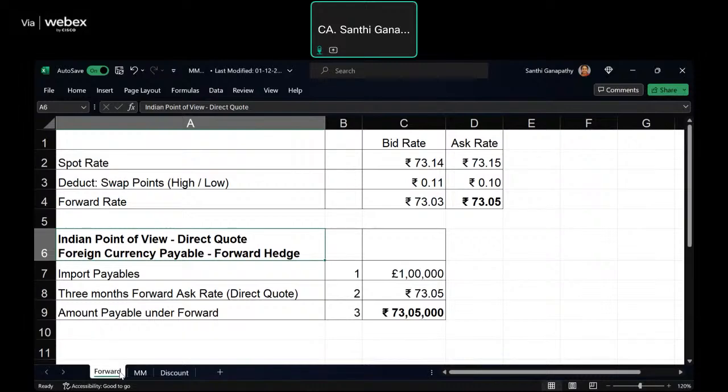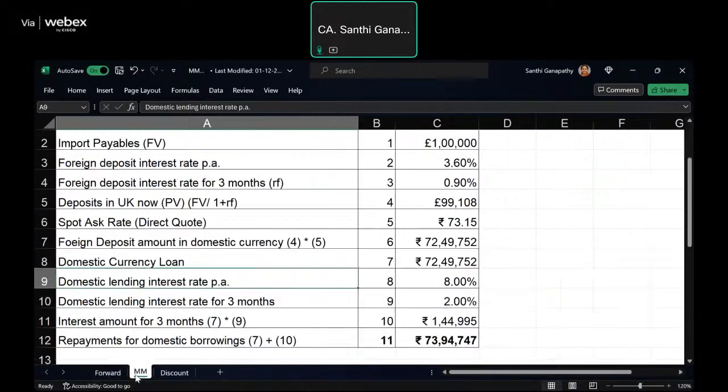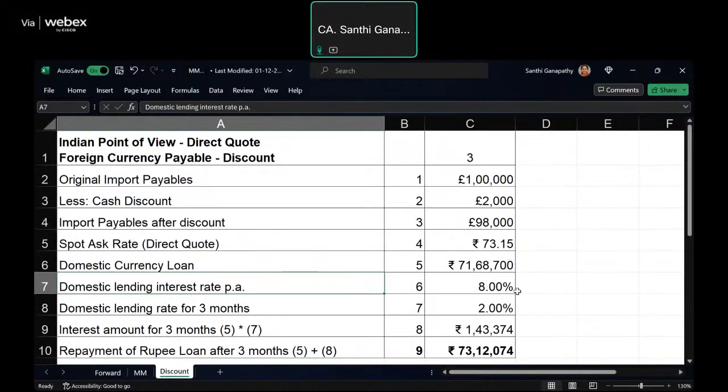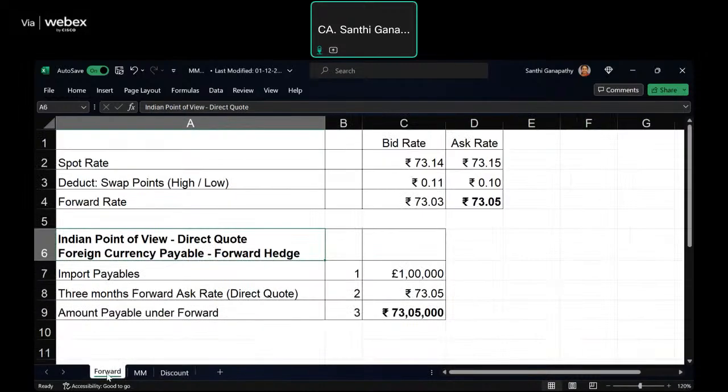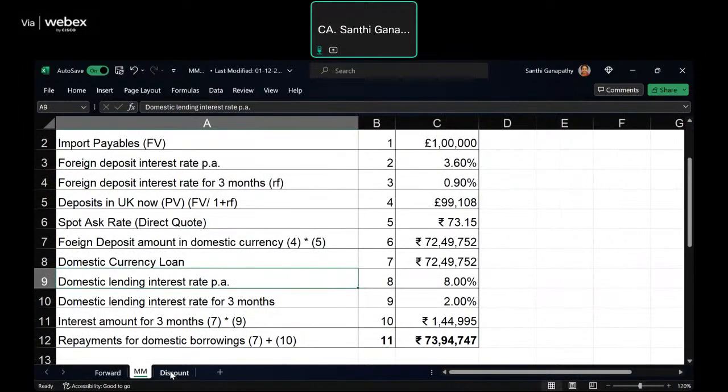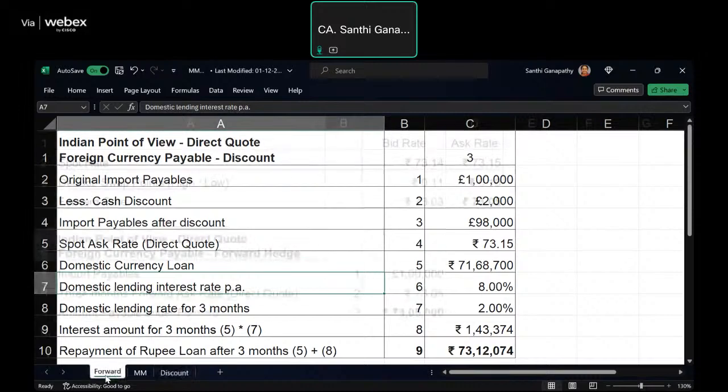Now, what do we see? Forward is 73.05. This is 73.94. Discount is 73.12. So we will go with this, being a payable. We will go with 73.05. So you will go with a forward.